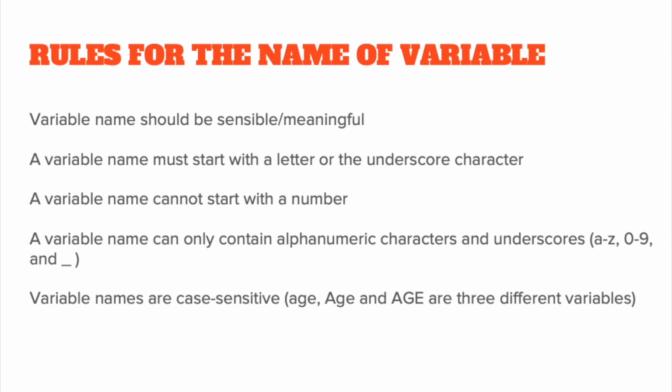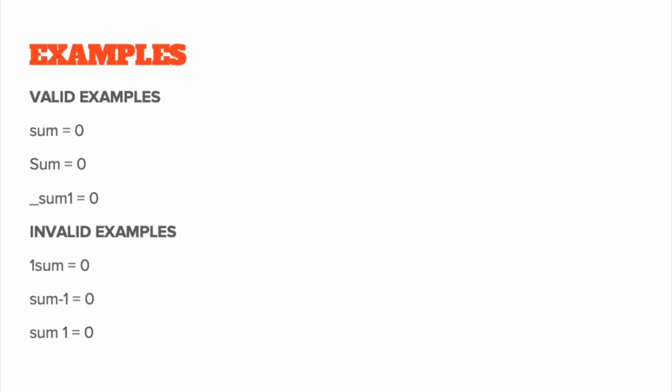A variable name can only contain alphanumeric characters and underscores. So those are A to Z, 0 to 9, and the underscore character. Variable names are case sensitive. So age lowercase, sentence case Age, and capital AGE are three different variables according to Python. So be careful how you spell them.